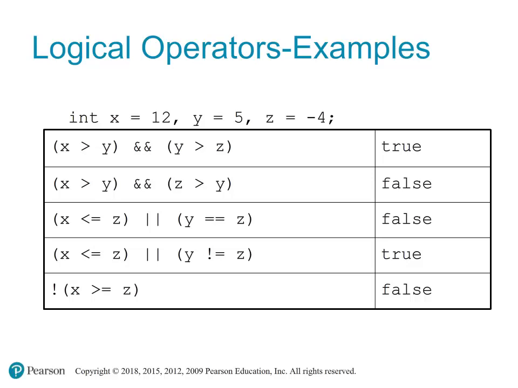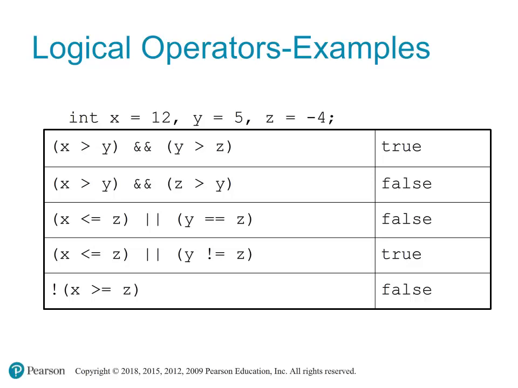The expression 1 inside the round parentheses, x greater than y, then AND, which is a logical AND, then after that y greater than z inside the round parentheses. So the evaluation for x greater than y is true.